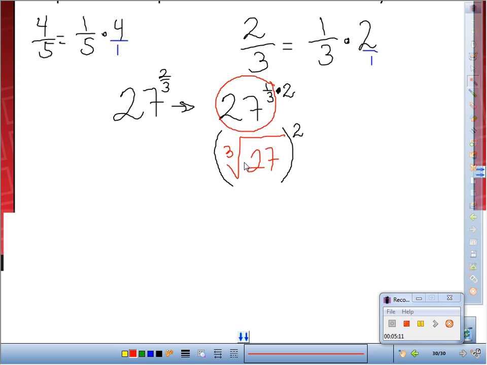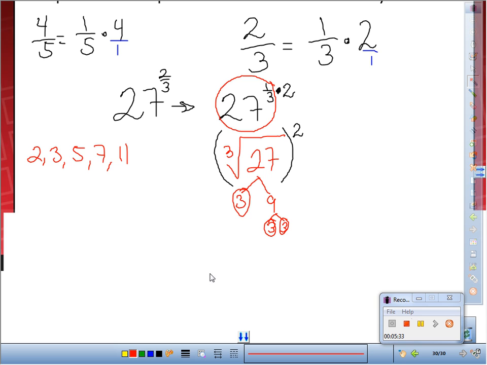Is that correct? Therefore, I start my factor tree. And what are my first 5 primes? 2, 3, 5, 7, and 11. So which of these divides in here? 3. This becomes 3 times 9. How about this one? 3 times 3. These are all prime. Is that correct?